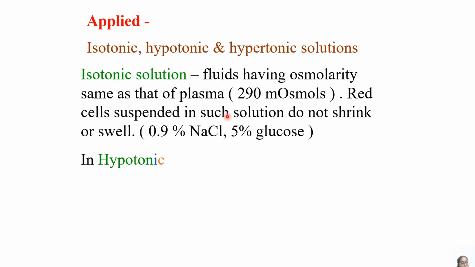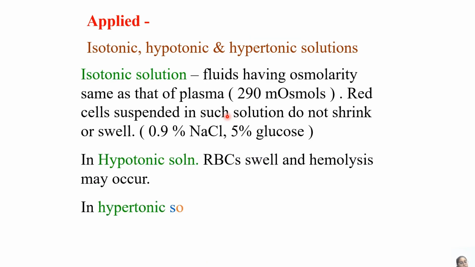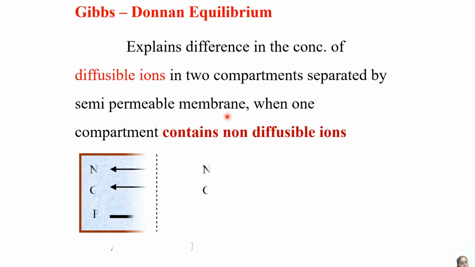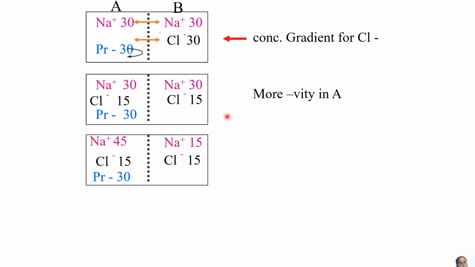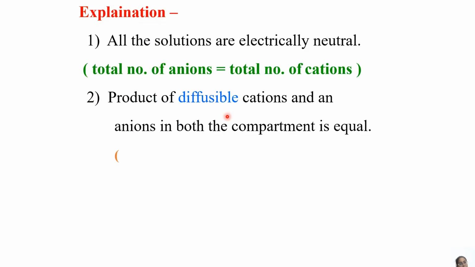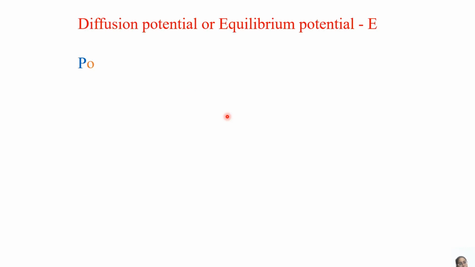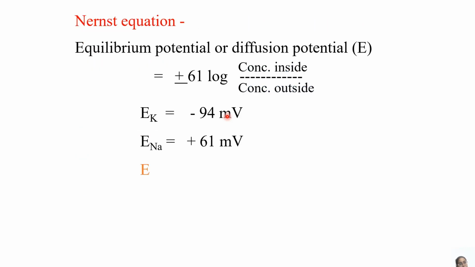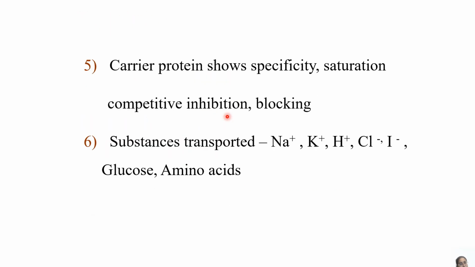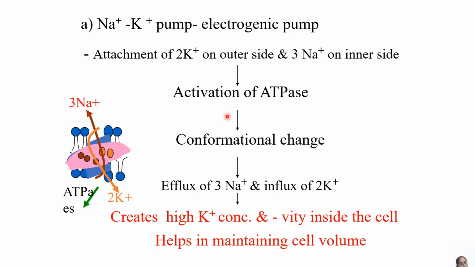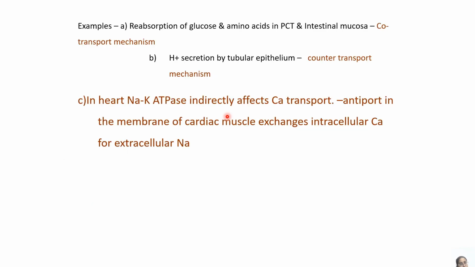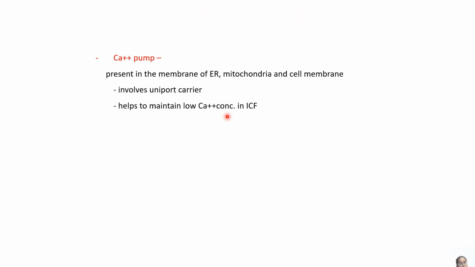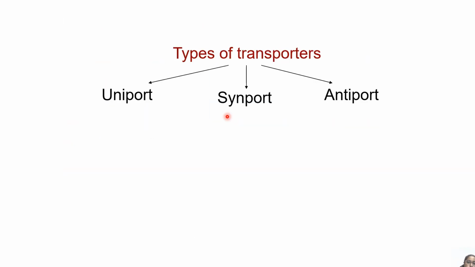We have talked about the different solutions: isotonic, hypertonic, and hypotonic. We have talked about all of this: active transport and passive transport.